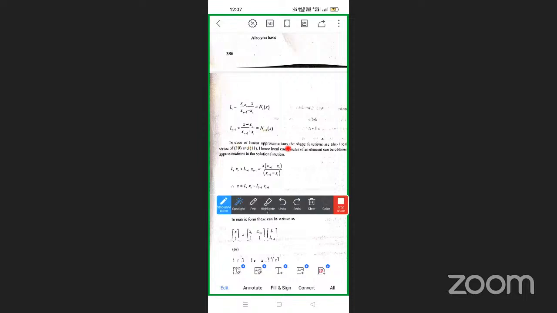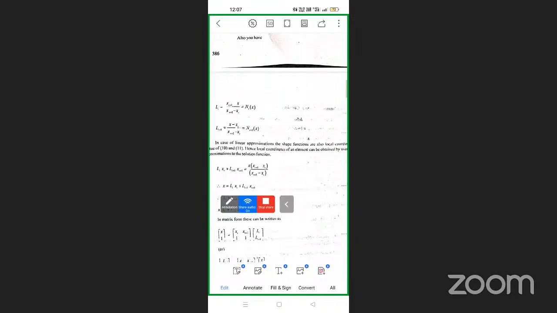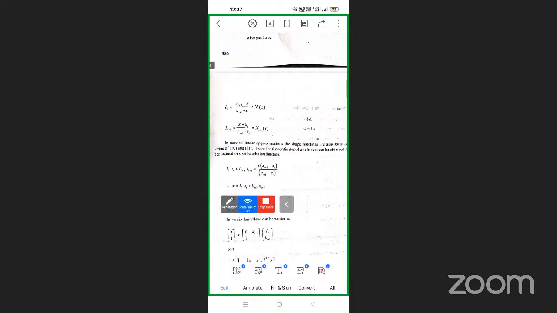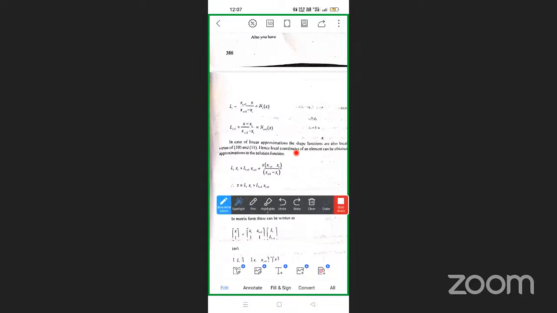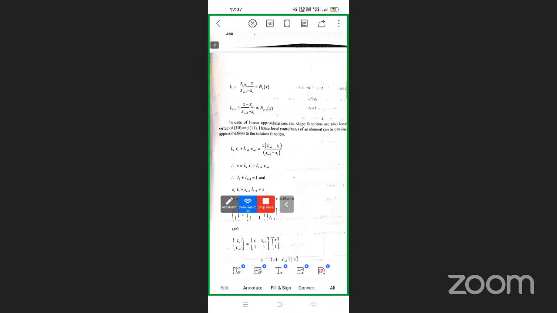In case of linear approximations, the shape functions are also local coordinates by equation 10, and hence the local coordinates of elements can be obtained by using the linear approximation of the solution function, using the L_i plus L_{i+1} equals 1 formula.